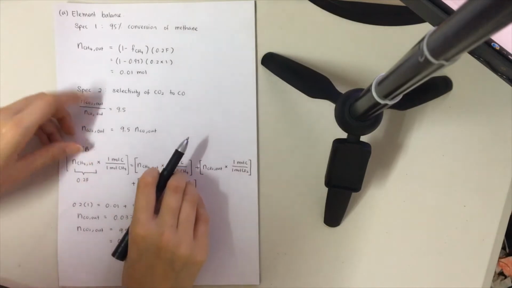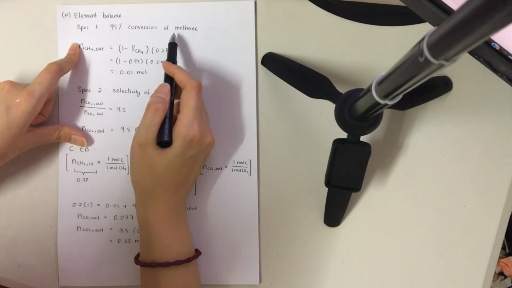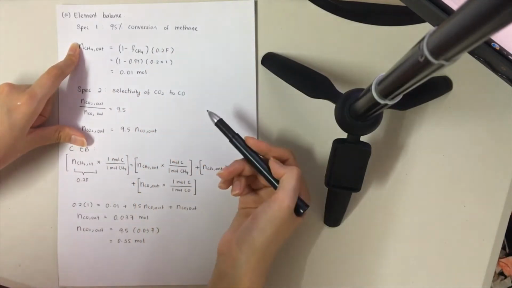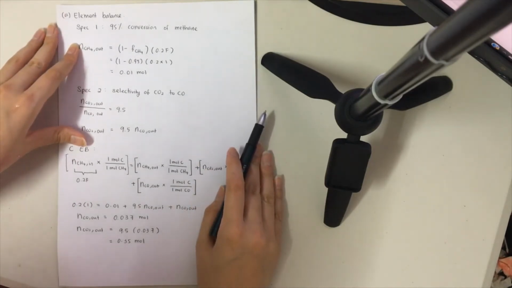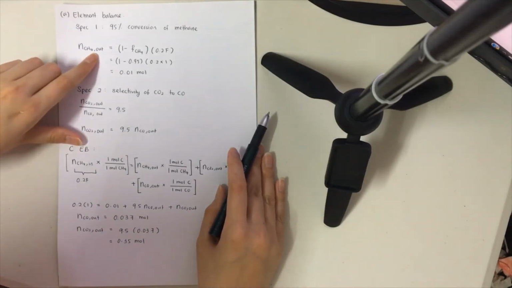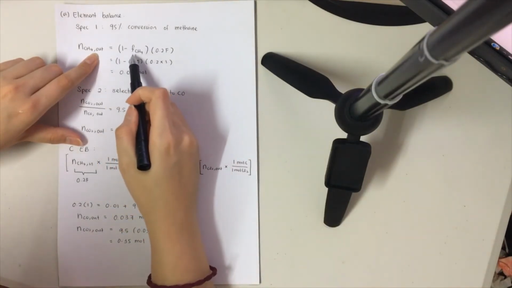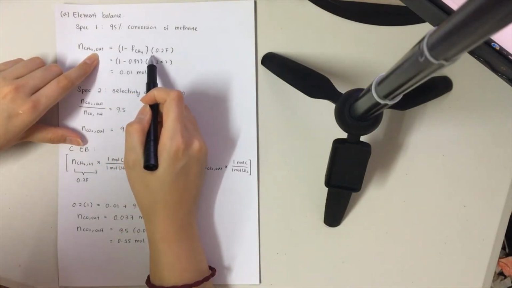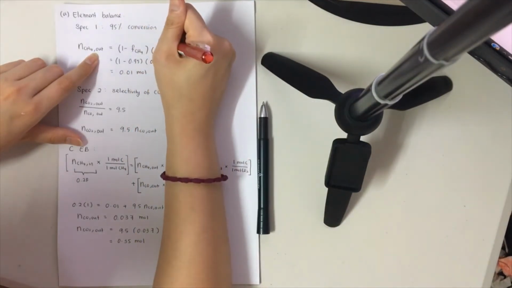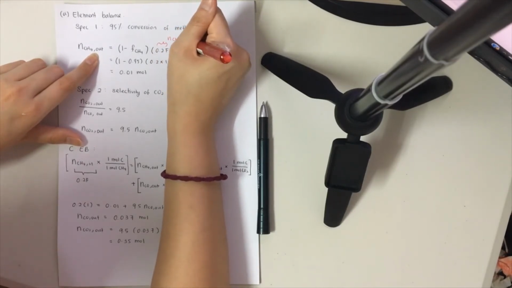We are given specification number 1, which is 95% conversion of methane. So the overall methane, only up to 95% of it is being converted. Meaning to say you will have remaining 5% of methane left. That methane will come out in the product stream, and that can be calculated by taking 1 minus the conversion factor multiplied by the amount of methane coming in.